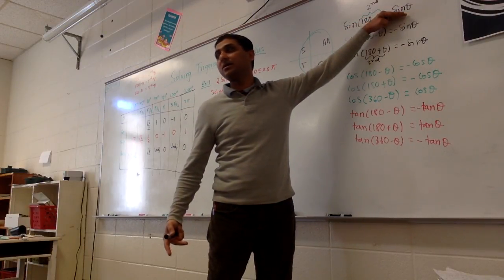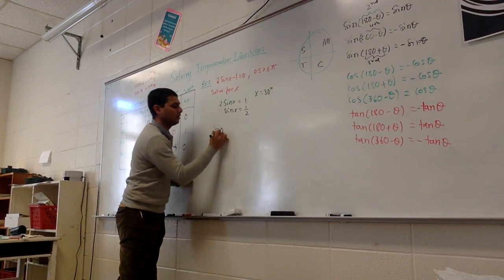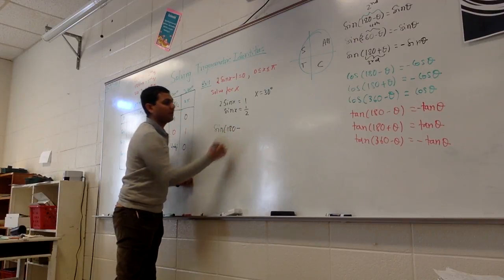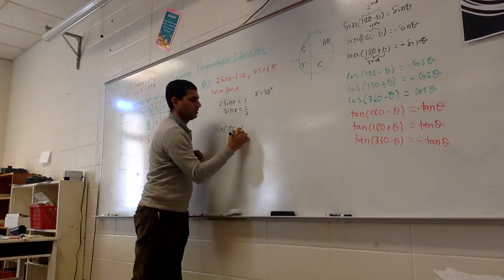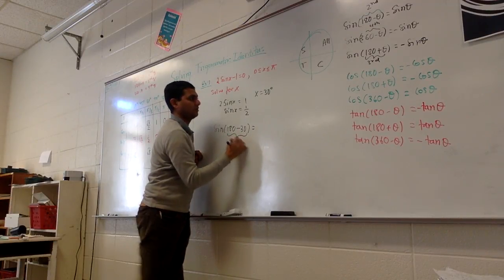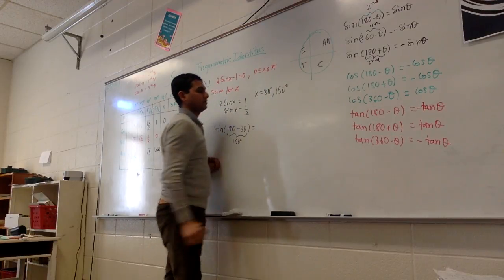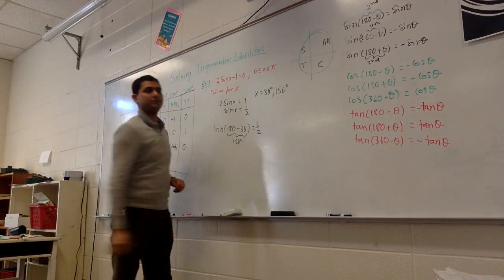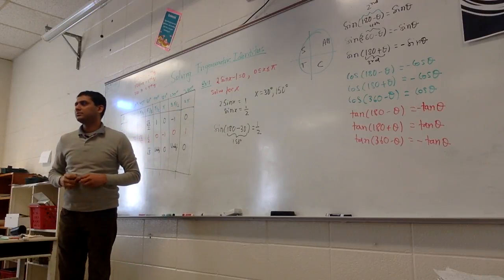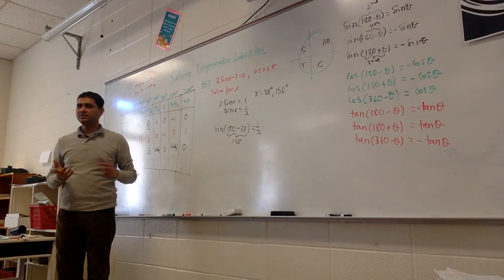So that means the next solution should be sine of 180 minus 30 degrees, which should give you 150. So your next solution is 150 degrees. Do you get that? Is it clear? Make sense? Is it tough? No.